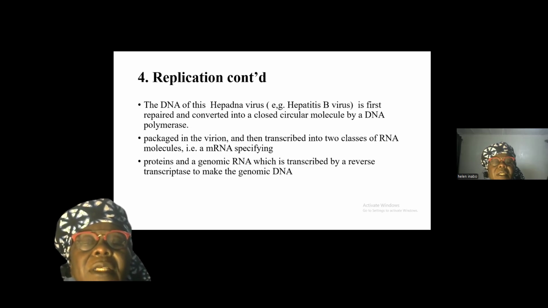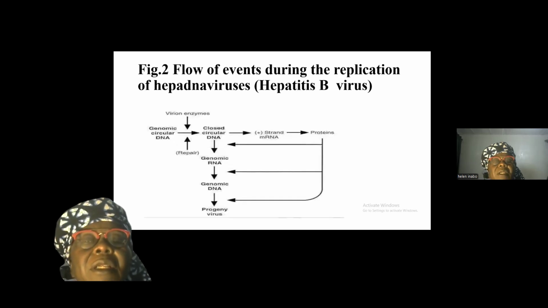That is, a messenger RNA specifying proteins and a genomic RNA, which is transcribed by a reverse transcriptase to make the genomic DNA. Here is a summary of the flow of events during the replication of the hepadnaviruses, for example hepatitis B virus.